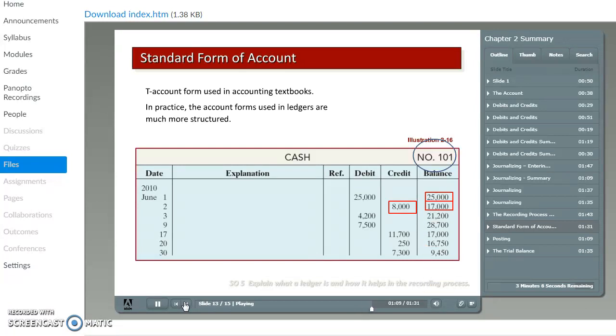This balance was arrived at by subtracting the credit of $8,000 from the debit balance of $25,000. When you look at the dates that contain debits to cash, you will see that the balance in the last column increases. The balance decreases after dates that contain credits to cash.